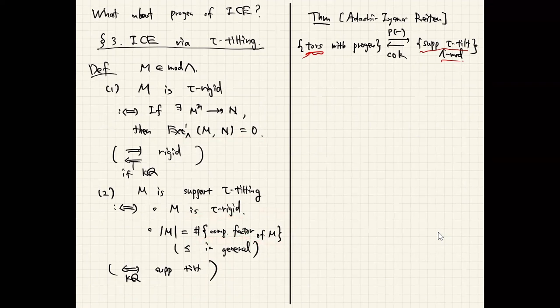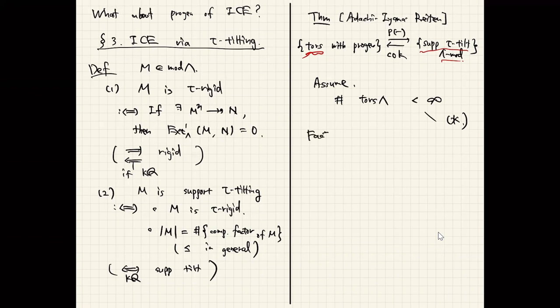And recall that, for simplicity, assume that the number of torsion classes is finite. And we name this assumption star.